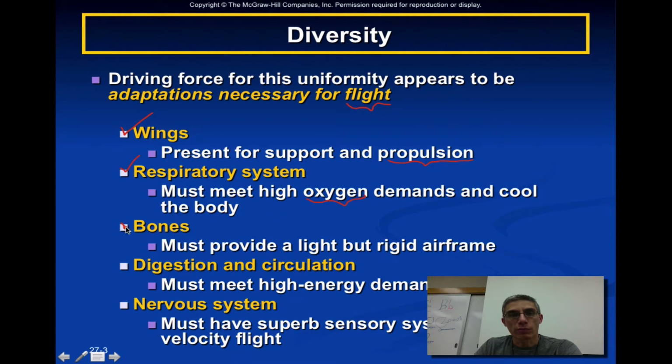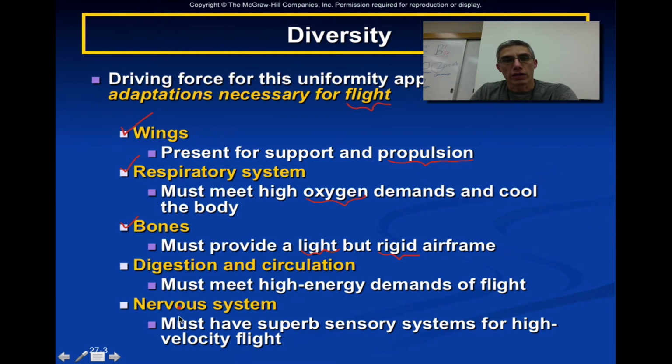Now, the bones of these animals had to be light in comparison to some of the skeletal structures we had looked at before. So they had to be light, but they also had to be somewhat rigid to support the extreme pressures that would be caused from an animal that had to, again, use a certain appendage to be able to lift itself off the ground. Now, digestion and circulation, again, had to meet the high energy demands of flight.